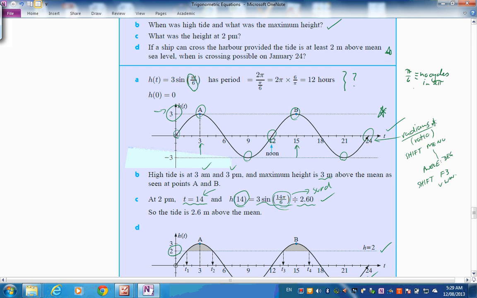Okay, so what does that mean? The period, if we were asked for that, would be 2 pi divided by pi on 6. Even though it looks strange, we can do this. So it's 2 pi times by 6 on pi, which is 12 hours, and that's what we'd expect with tides, don't we? Okay, 12 hours.